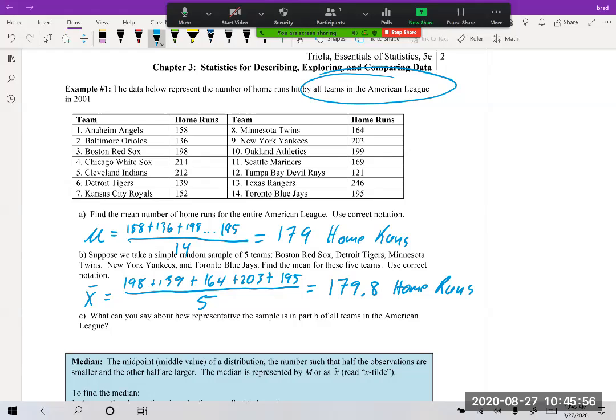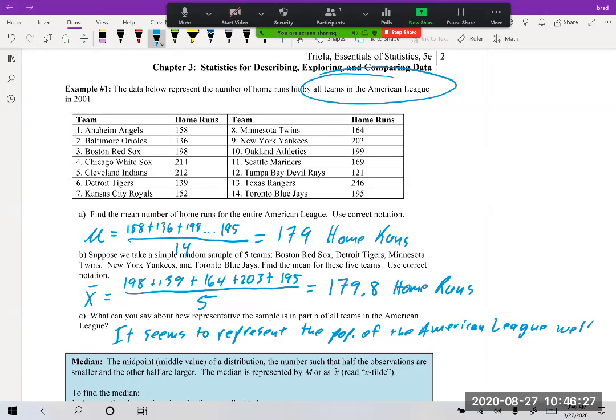It says, what can you say about how representative the sample is in part B of all teams in the American League? It seems to represent the population of the American League.